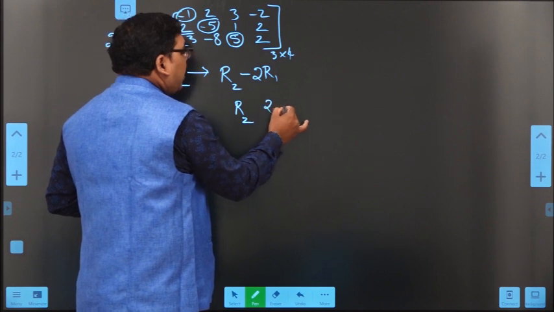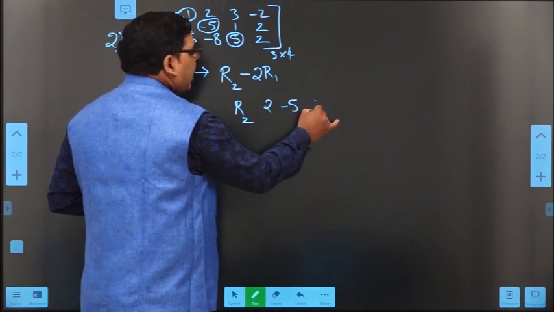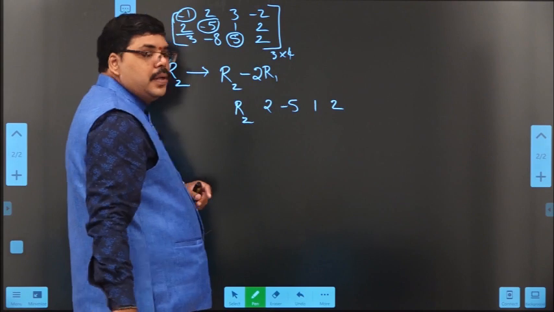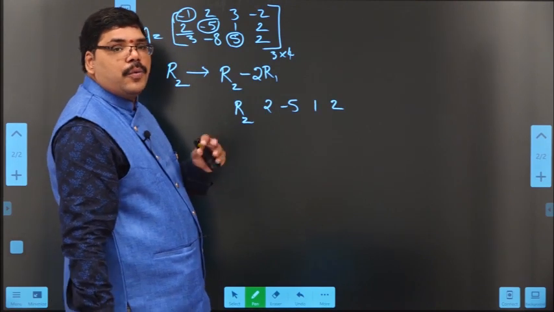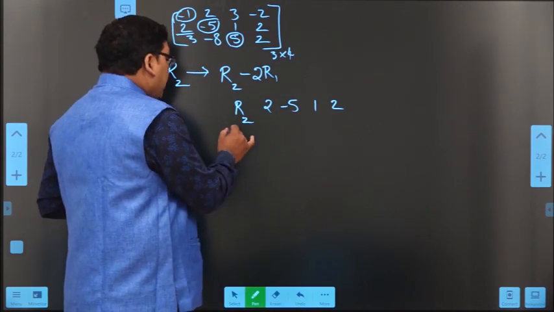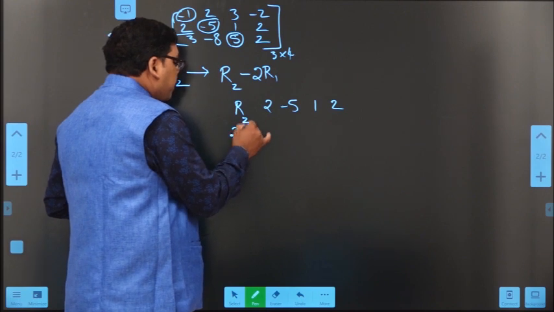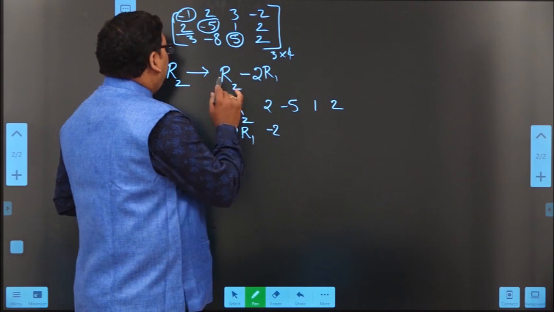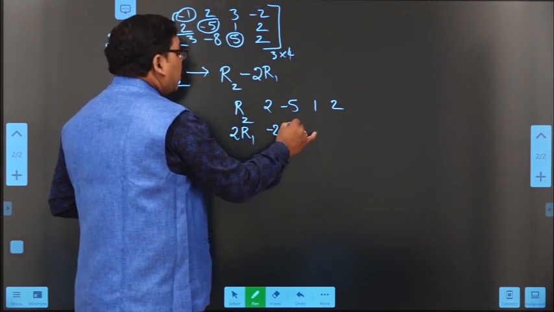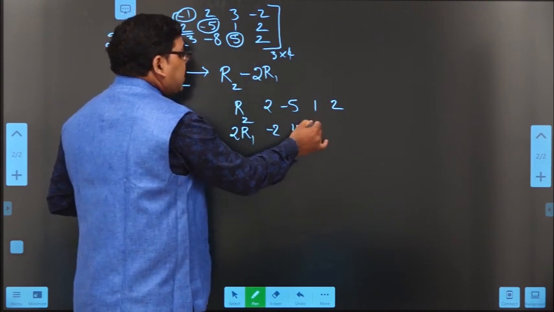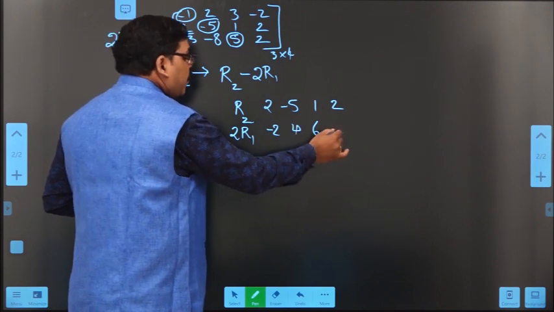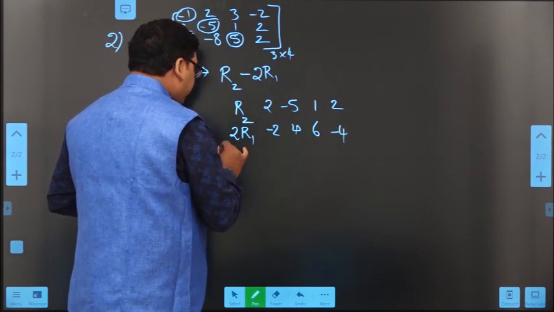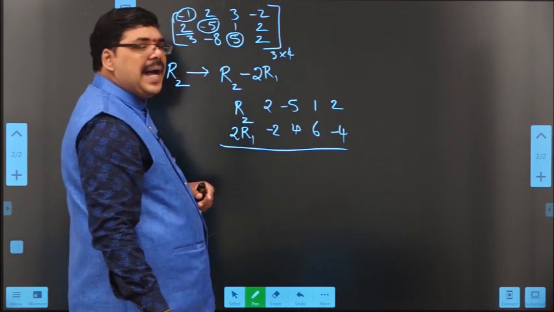2, minus 5, 1, 2, and 2R1, 2 times R1, is minus 2, 4, 6, minus 4. Are you adding them?